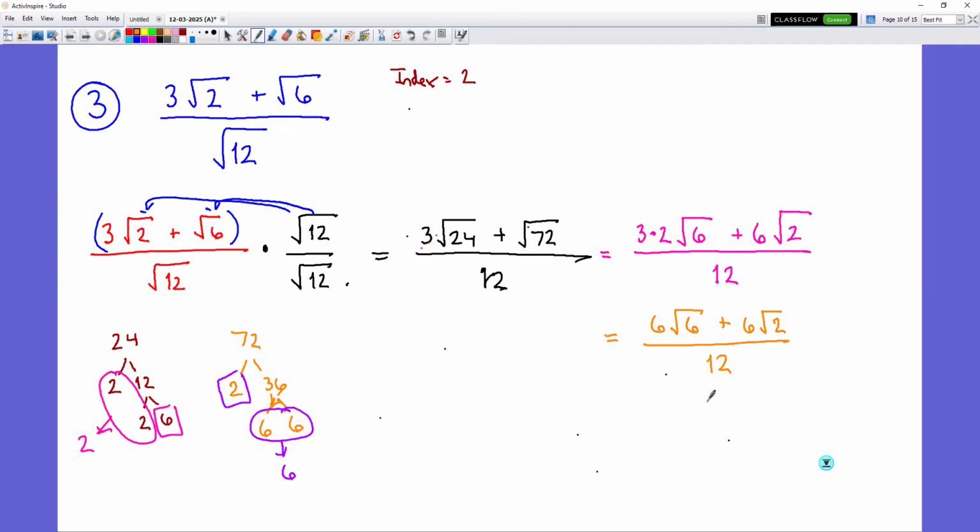All right. And now the last thing we can try to do is see if we can simplify this fraction. Well, you'll notice that there's a 6 on the outside, there's a 6 on the outside of this one, and then there's a 12. So you have to ask yourself, is there a number I can divide into all 3 of those numbers without getting a decimal?